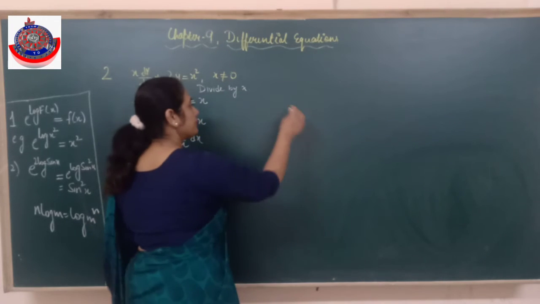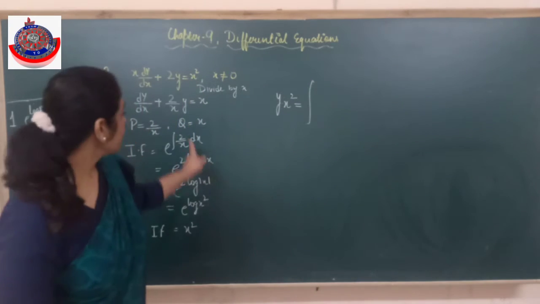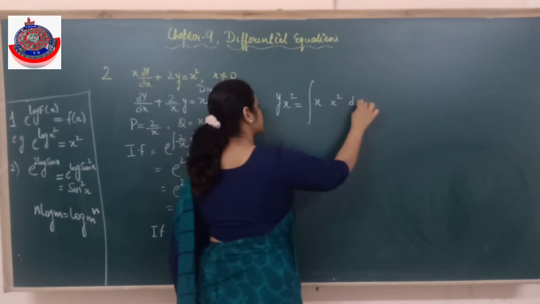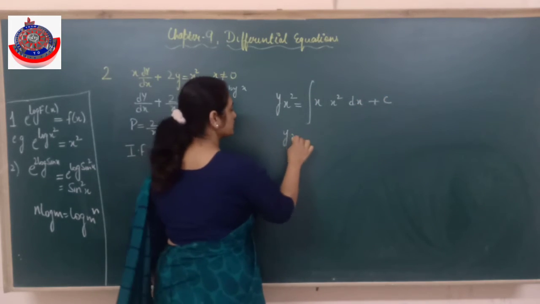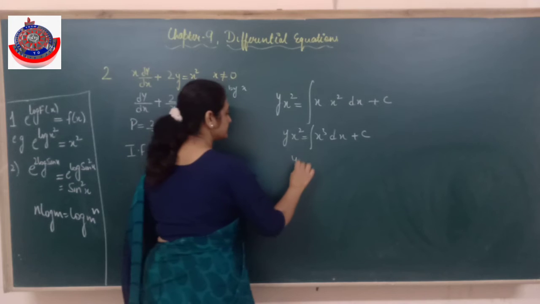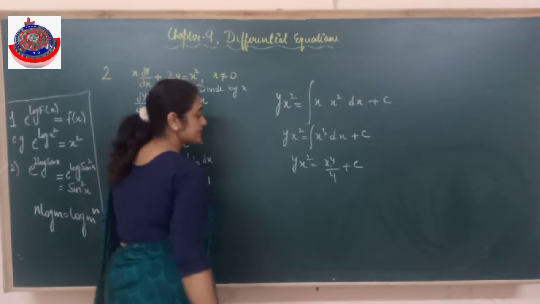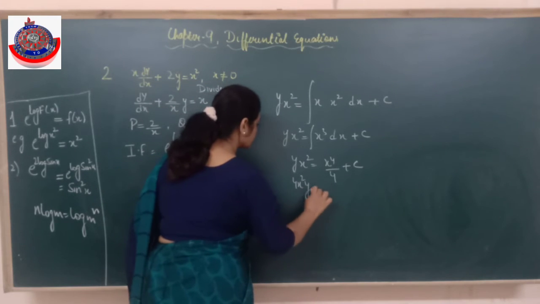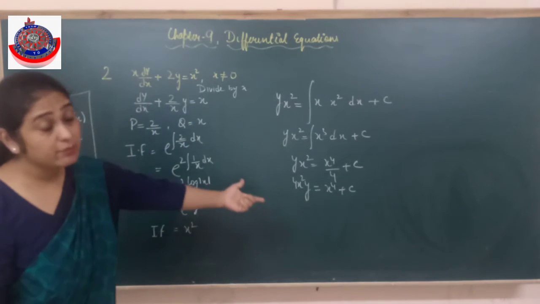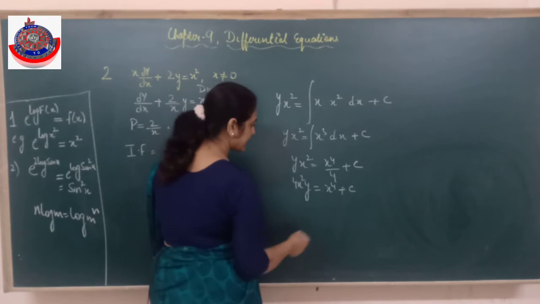So integral factor has come x square. Now what is the answer? y into integral factor is equal to integration of q into integral factor. That's it. Integrate. LCM we can take. If you want to just keep y here, because normally curves are like y is equal to, so I'll divide it by x square and take it to that side.